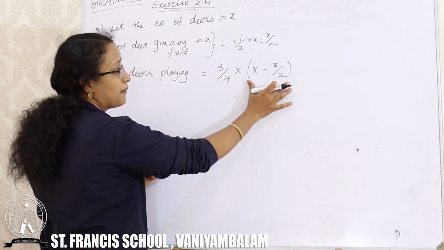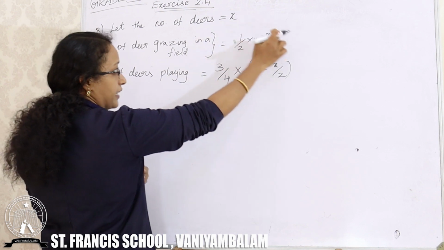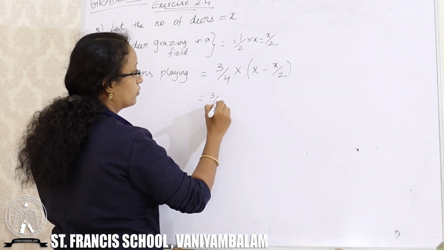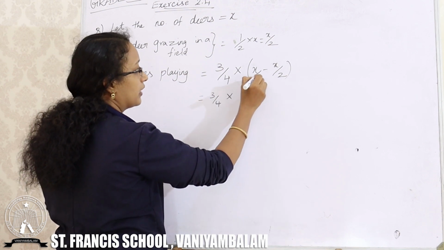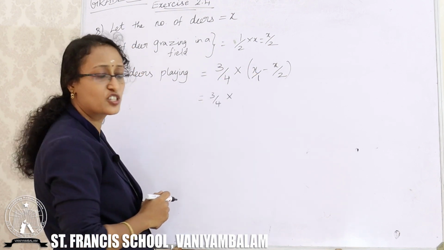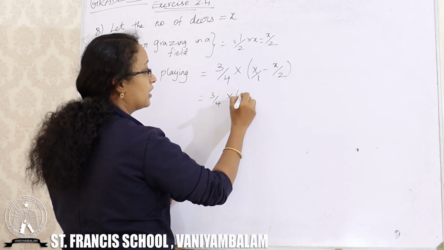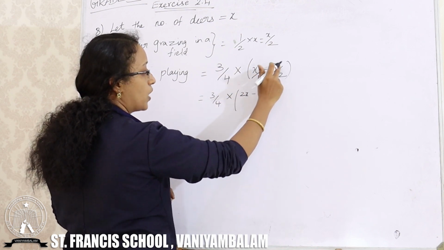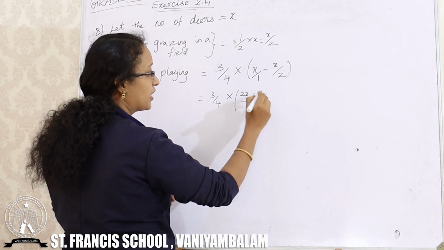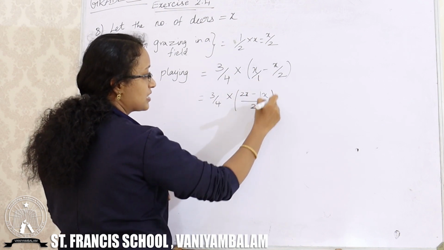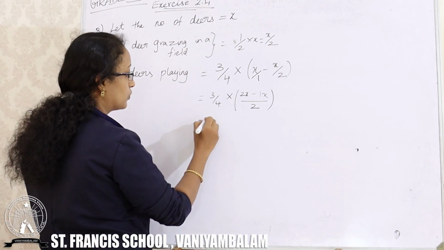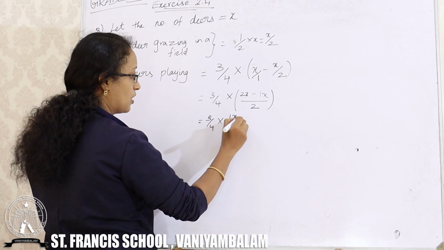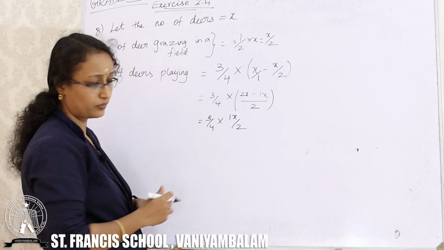So 3/4 of x minus x by 2. So 3 by 4 into, you can write it as a fraction and cross multiply, you will get 2 into x is 2x minus 1 into x is 1x divided by, multiply the denominators, you will get 2. So 3 by 4 into 2x minus 1x is 1x by 2.